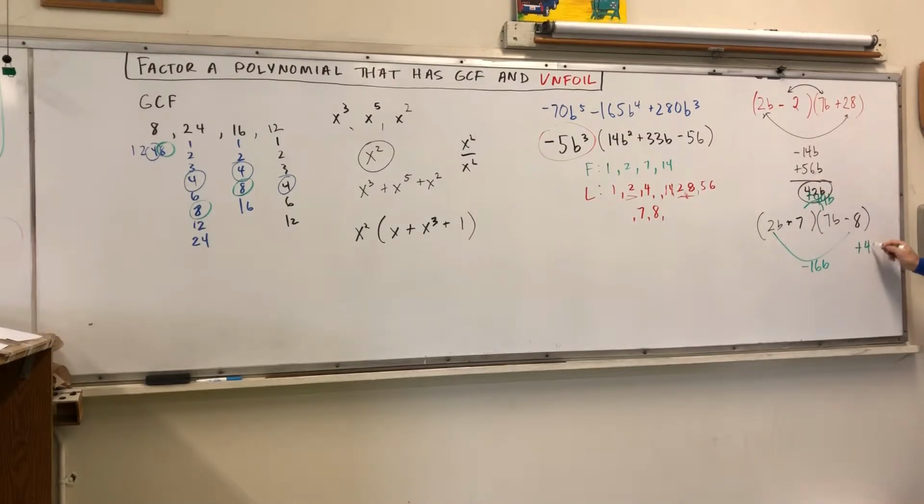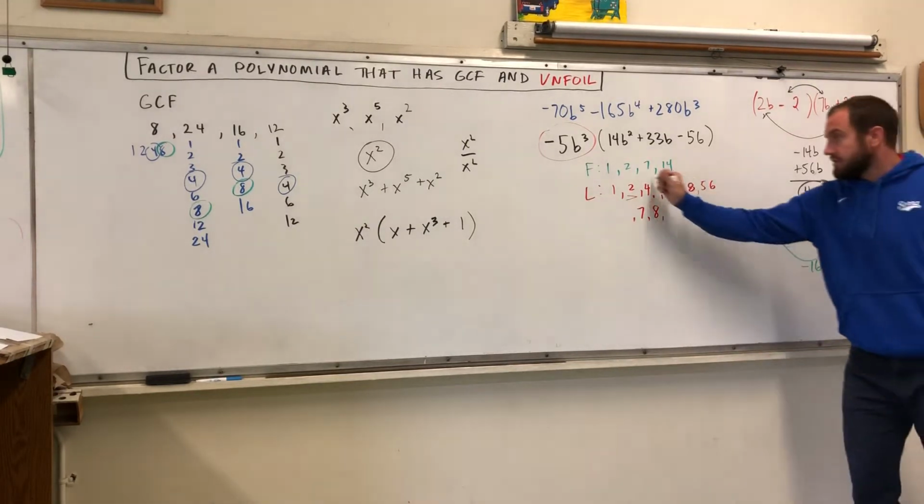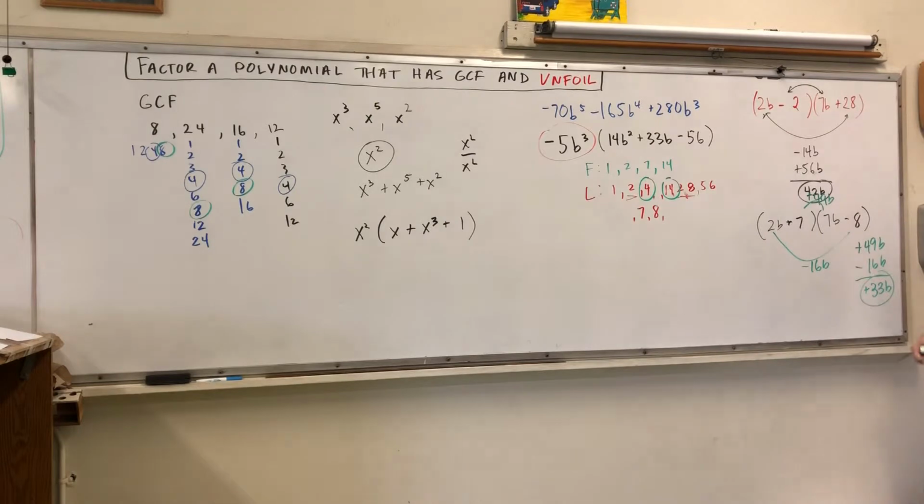A positive 49b and a negative 16b will in fact give me that positive 33b. Now you might have to test that 4 and the 14. You might have to test that 2 and 28.